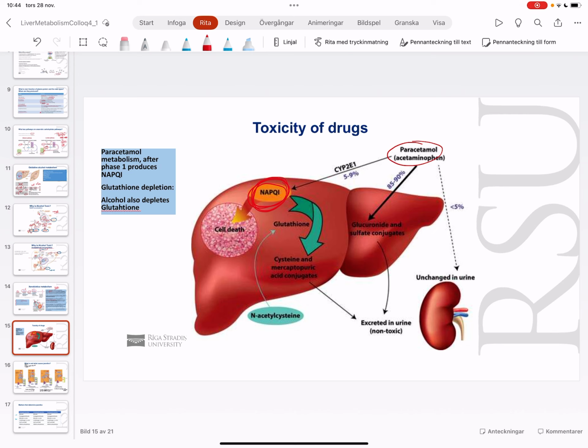But it is neutralized by glutathione. The problem is, if somebody has overdosed, this means that all of the glutathione will be used. And in that case, there is no more glutathione and no more antioxidant that will be able to neutralize the amount of NAPQI, and this will lead to cell death of the liver, of hepatocytes.